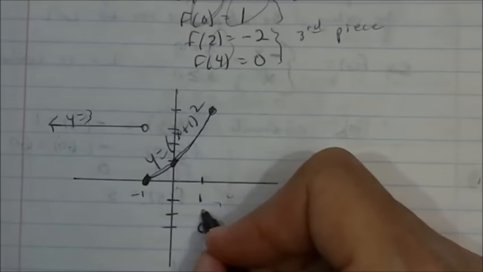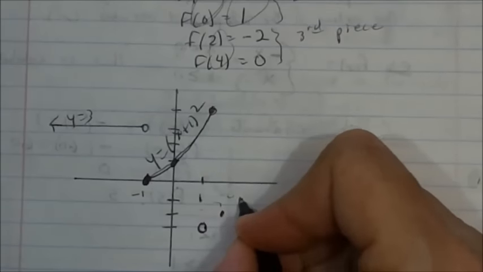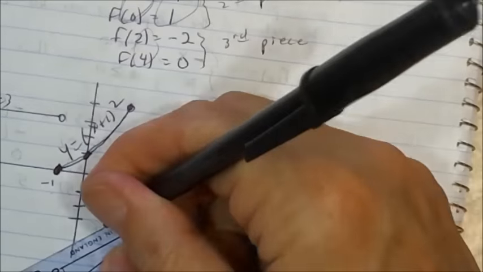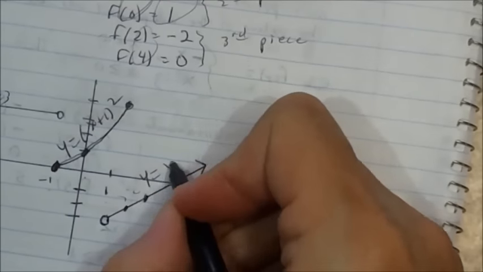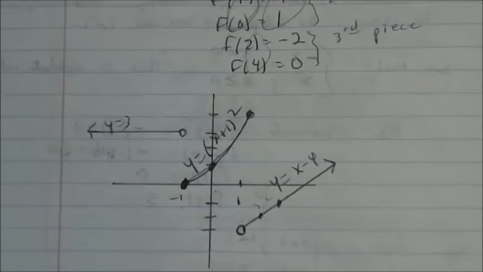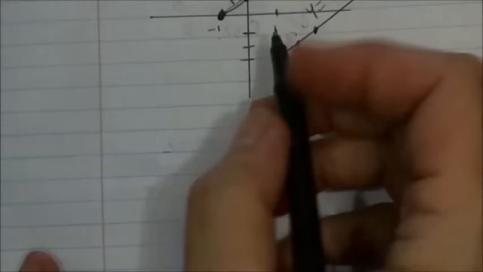So we're going to just go up 1 over 1 for the next point, up 1 over 1 for the next point, and you can just connect that for your third piece. And this was y equals x minus 4. There's your third piece of the graph. So here's your piecewise function. None of these pieces connect. So you can see how that goes. We'll do some more practice tomorrow.